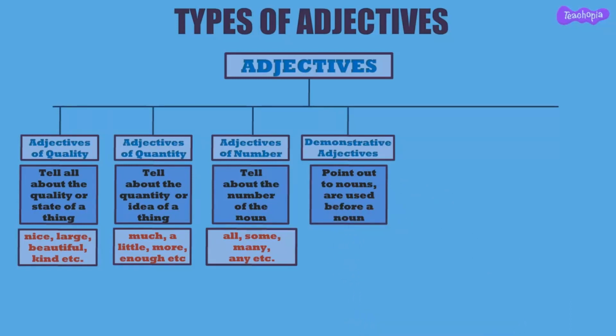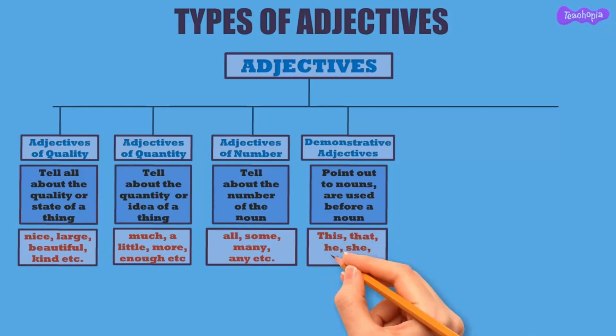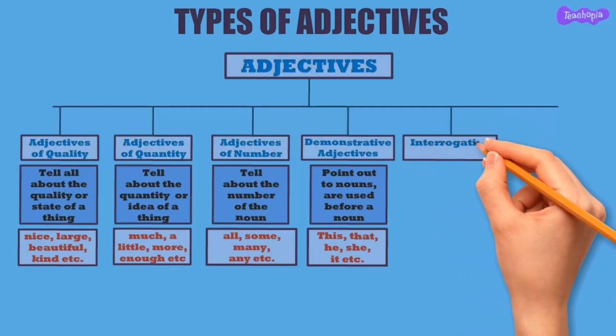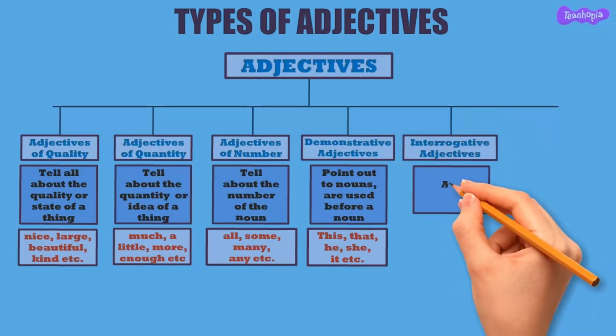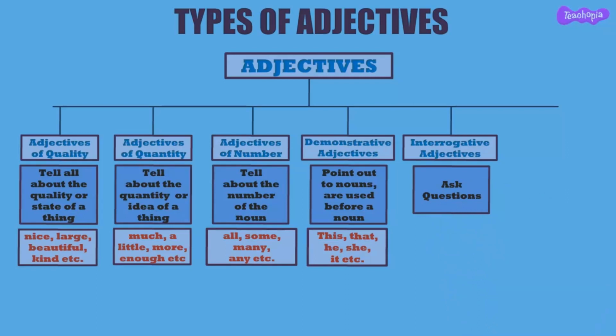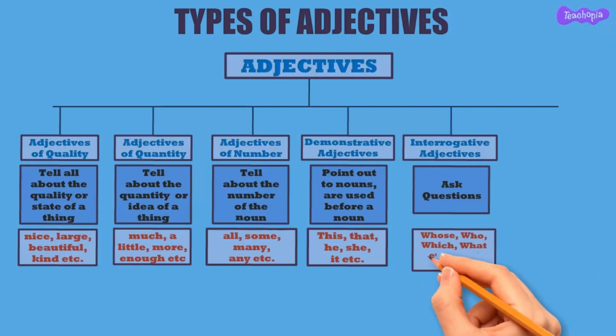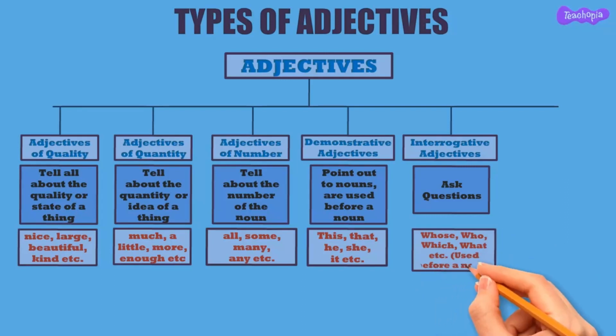For example, this, that, these, those, etc. Fifth, interrogative adjectives. They are used to ask questions. For example, whose, which, what, etc. These are generally used before the noun.